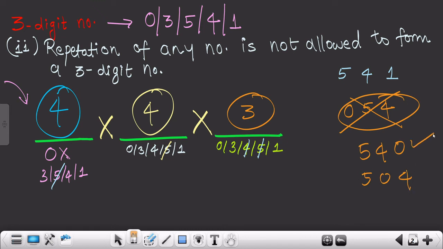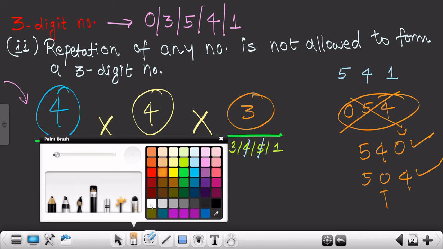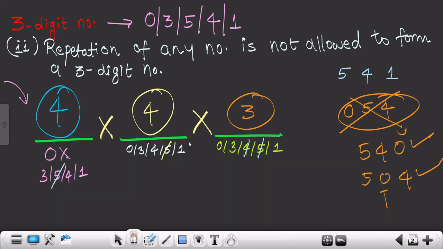You just have 2 valid conditions where 0 can accommodate only the units place or the tens place. It will never accommodate the hundreds place, so this is an invalid condition. So what we did was straight away put 0 and then put a cross over here, indicating that 0 will never be filled in the hundreds place.